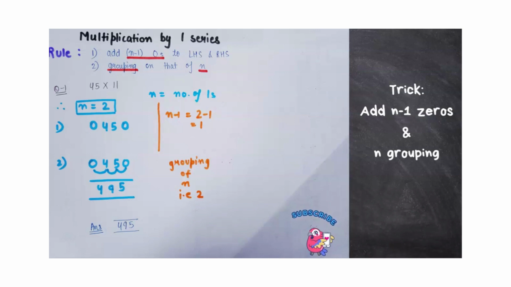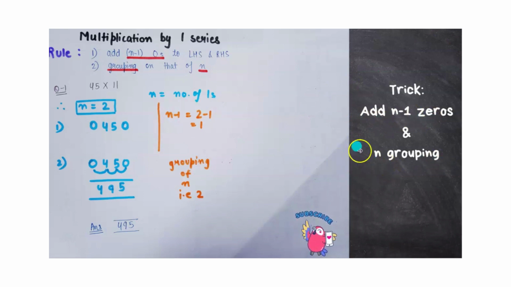And second is you need to do grouping. So here we have two things to do in any of the 1, 2 or 3 series multiplication. In all of them we need this rule. This is the trick: add n minus 1 zeros and group n digits.